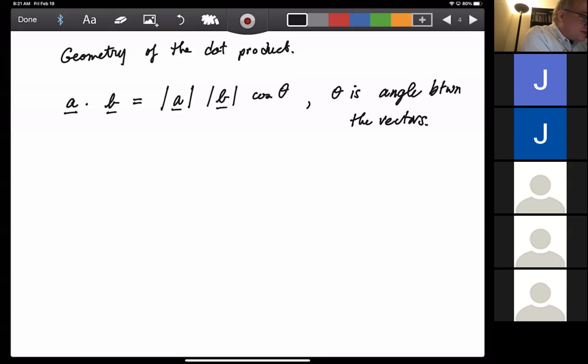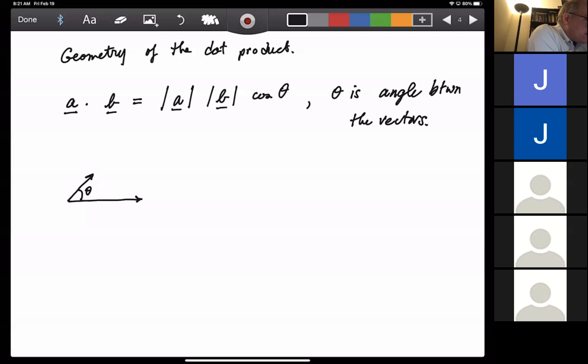So here's the picture we have in mind. We've got our two vectors. We can form a plane that passes through our two vectors, and in that plane we measure the smallest angle between the vectors, right?